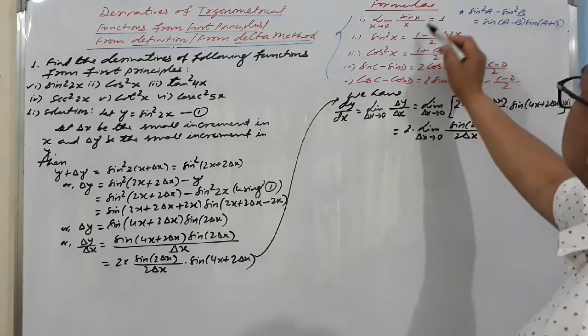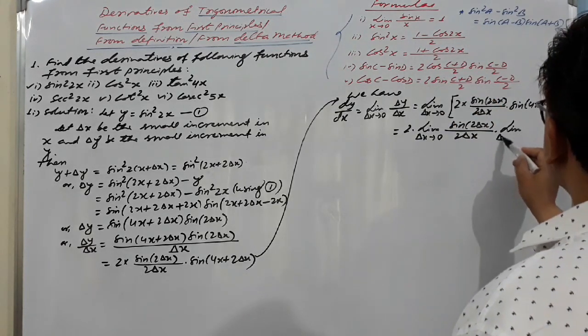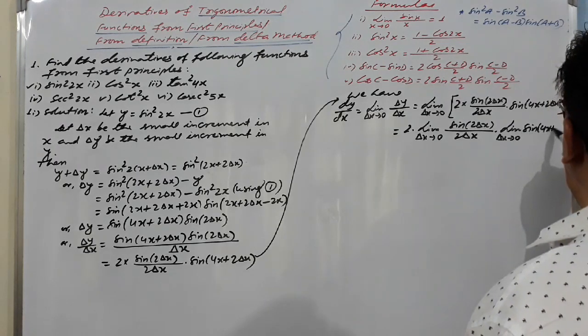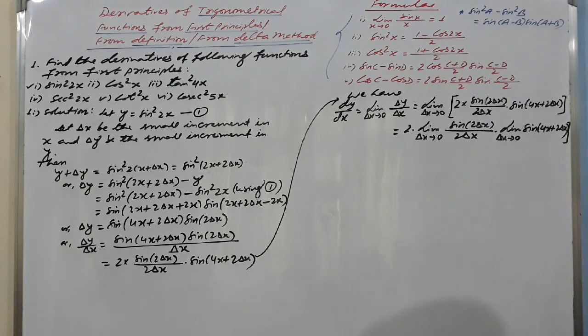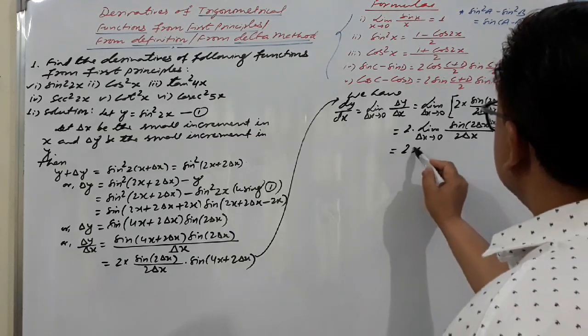Now we can use this theorem: limit as delta x tends to 0 of sine (4x plus 2 delta x). I guess you have no problem. Is equal to 2 times 1.